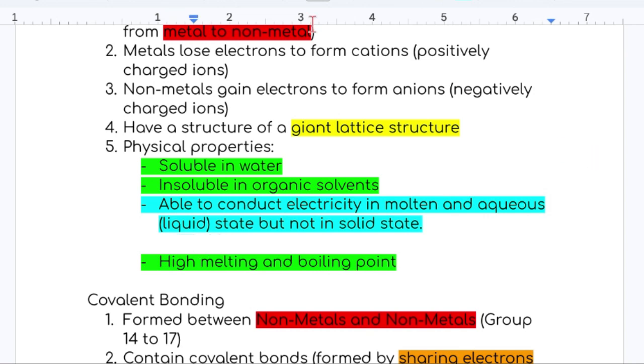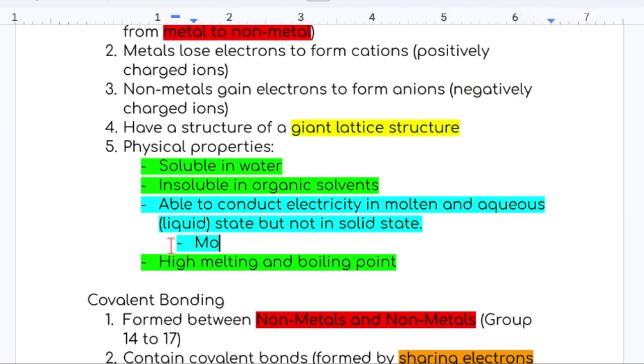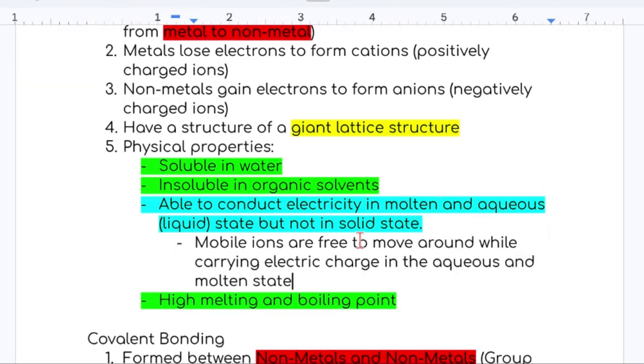So over here, mobile ions are free to move around while carrying electric charge in the aqueous and molten state. Like I said, the liquid particles are able to move freely but still in contact with each other. So they move around, they carry electric charge.